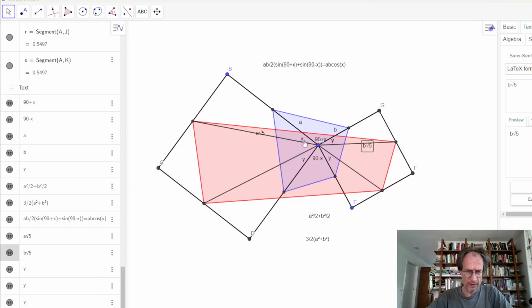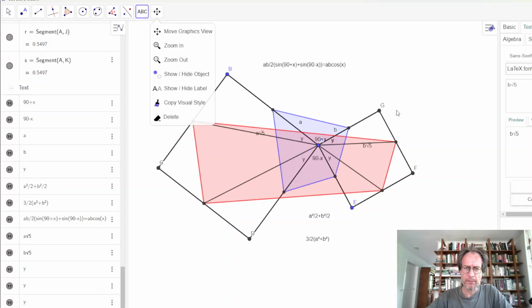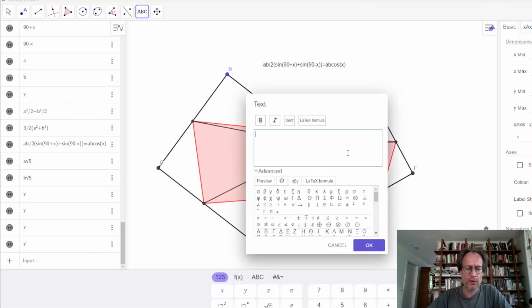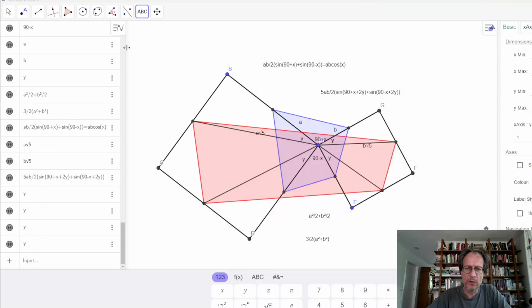So if we do the same area calculation, we find 5ab over 2 times sine of 90 plus x plus 2y plus sine of 90 minus x plus 2y.